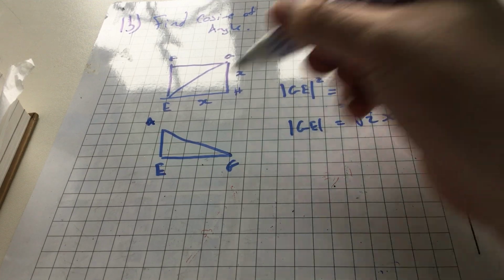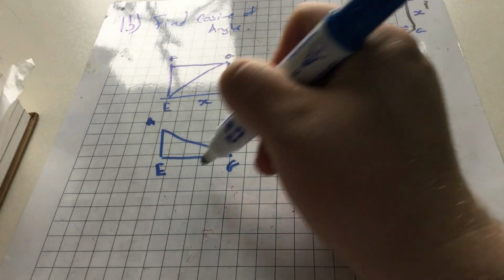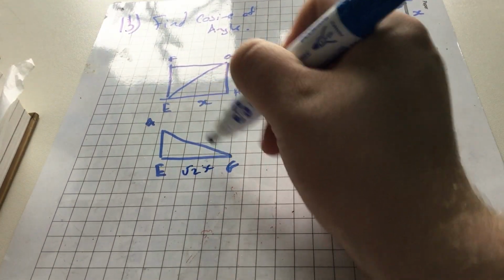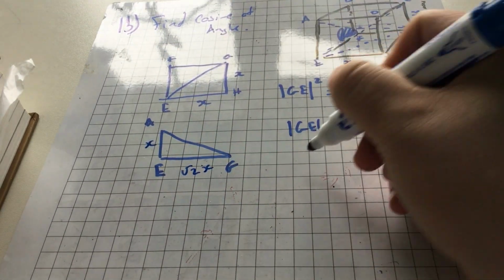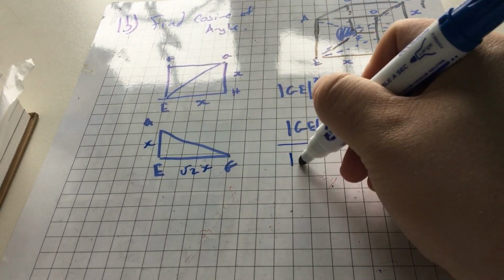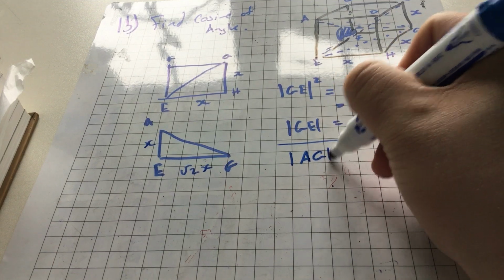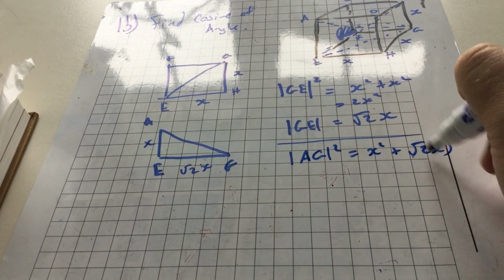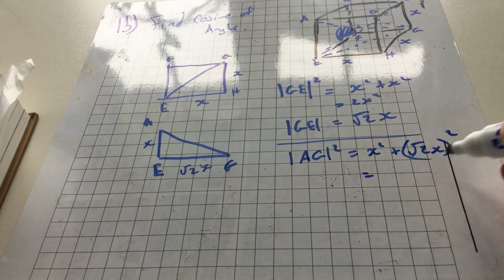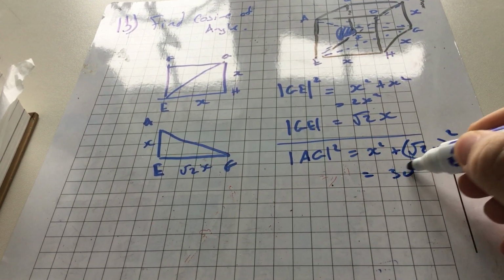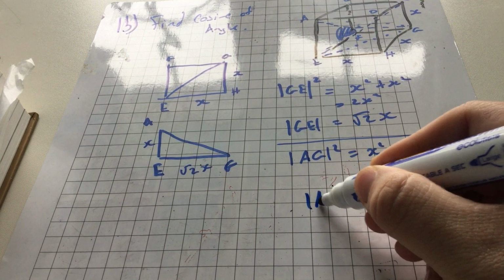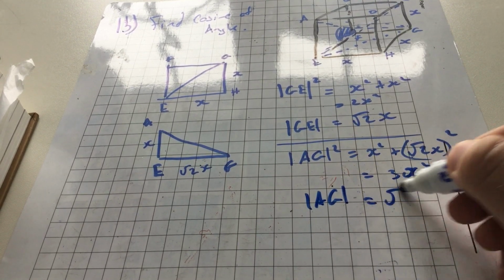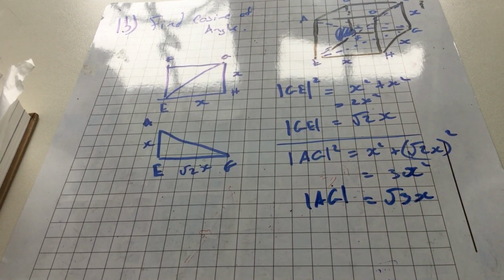So I know E to G is root 2 x, and I know A to E is x. So again, AG squared is x squared plus root 2 x squared, which is 3x squared. So A to G is root 3 x.